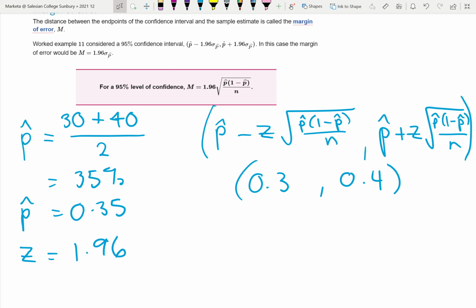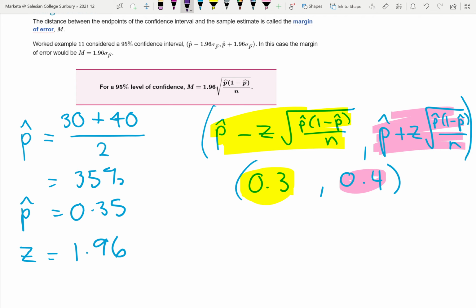So now, well, we can find those values. Let's take this one. It doesn't matter which one you use, you'll still be able to solve it. You could just as easily use the 0.4. But obviously if you're using the 0.4, you use this, and if you're using the 0.3, you're going to use this.